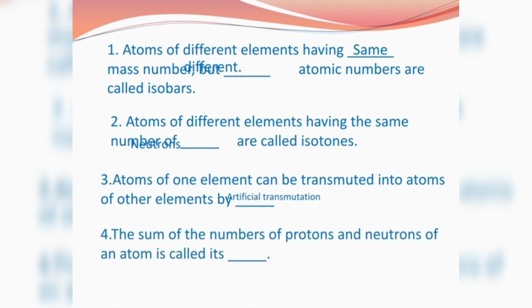Next one: the sum of the number of protons and neutrons of an atom is called mass number. Mass number means sum of the neutrons and protons.